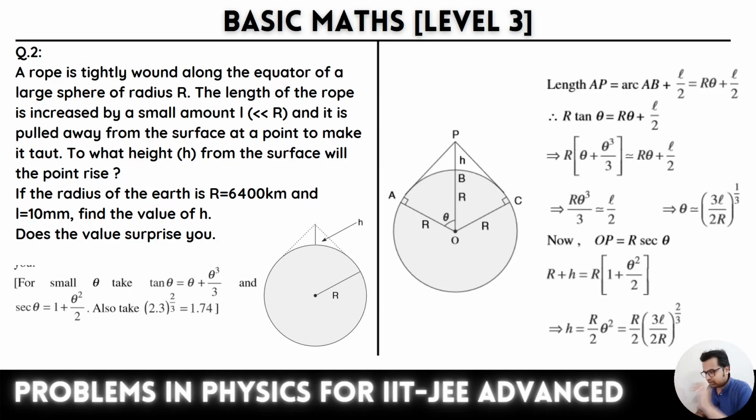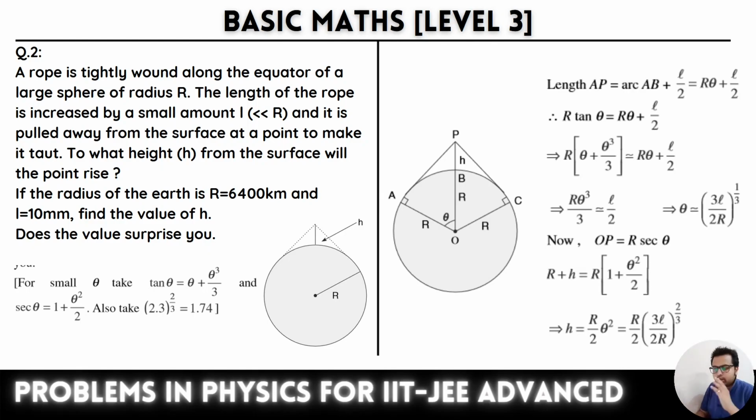If we talk about this diagram, we can draw it like this. We have a sphere, we have endpoints A and C. We can assume that from A to C, a rope of unknown length is touching the surface. Now we pluck it out because we increase the length by L, meaning we lift it out.